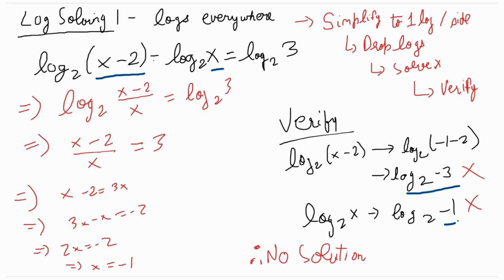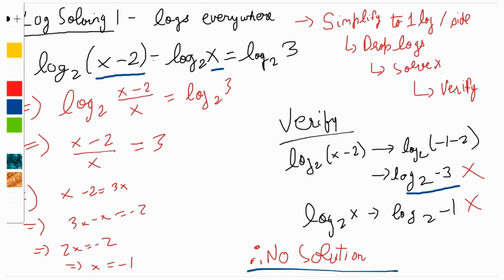Even one of the logs not being correct makes the whole answer wrong. So we didn't even have to check all of them, but it's good to check all of them just in case. So -1 doesn't work, hence there's no solution to this problem. So make sure with logs especially, always verify.